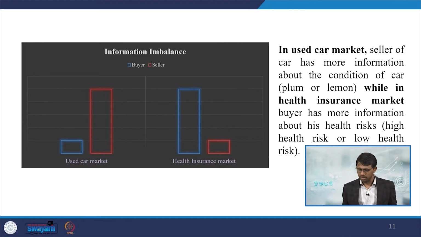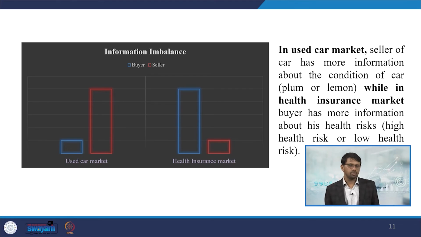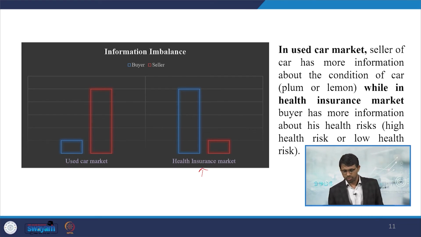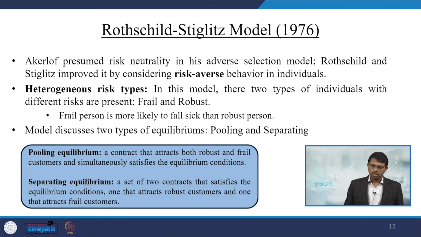Here information imbalance occurs, as I already said. In the used car market, the sellers have the information about the quality of the product, whereas in the insurance market, you will see the buyers usually know the situation.